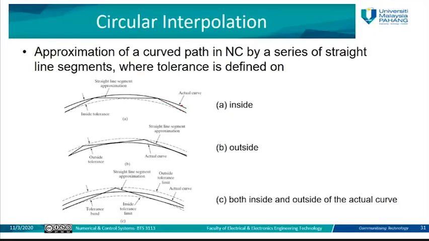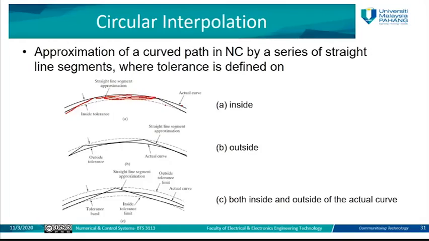We cannot draw a circle, correct? So when we draw a line here, this is a line until this point, this line until that point. The second line here, the red colored line, is the straight line segment approximation for the actual line.